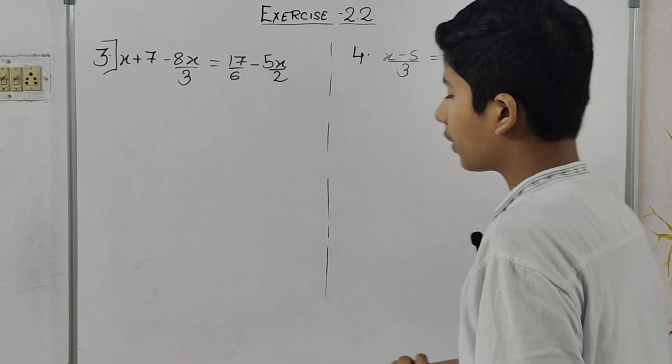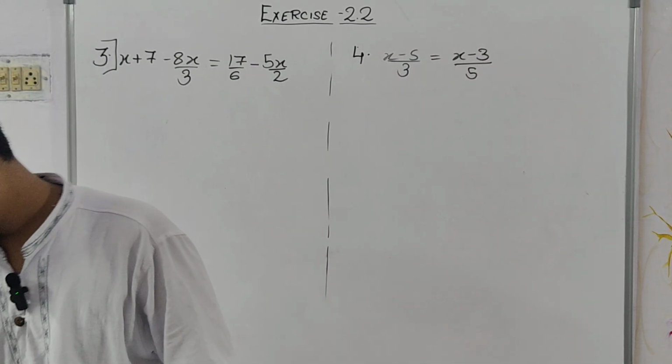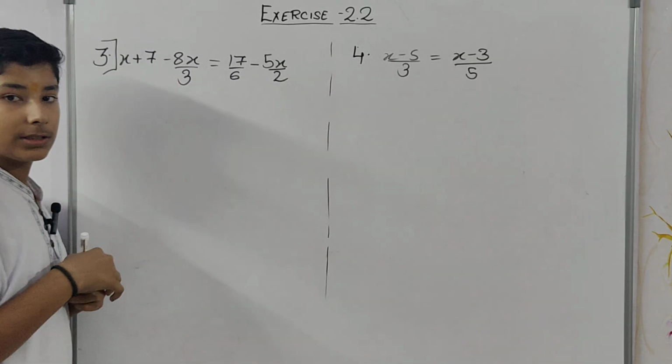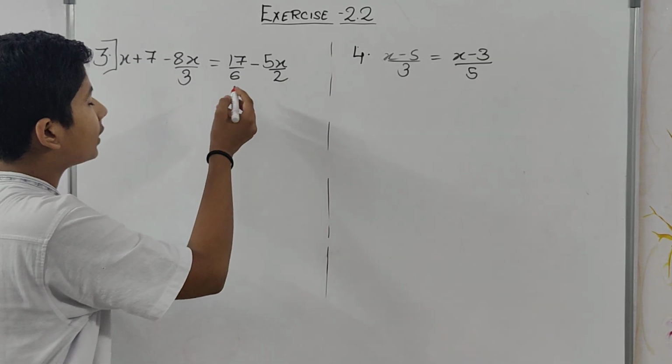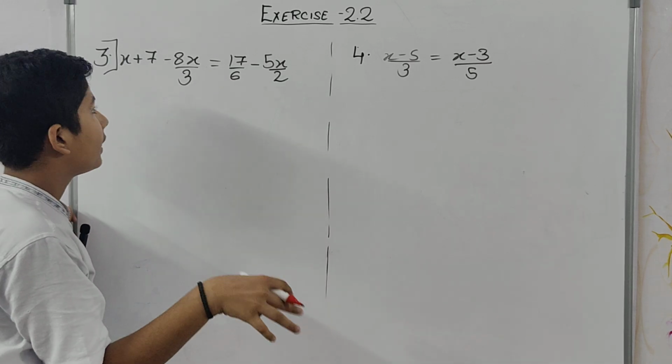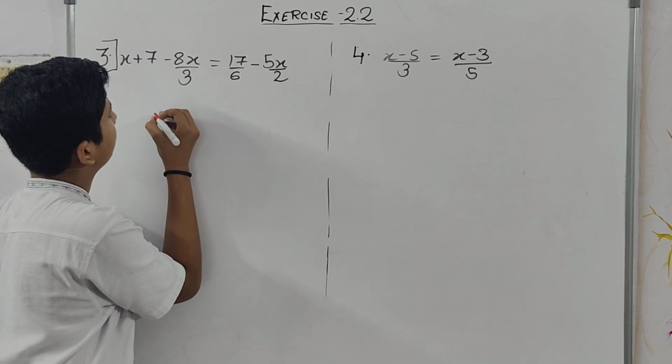Continuing further, we come to the third and fourth questions. So see, we take a red marker, and the first step is always to take the x term on one side and the constant term on the other.